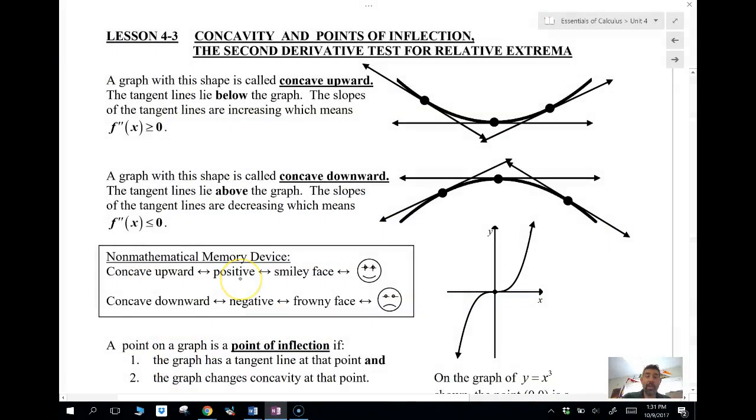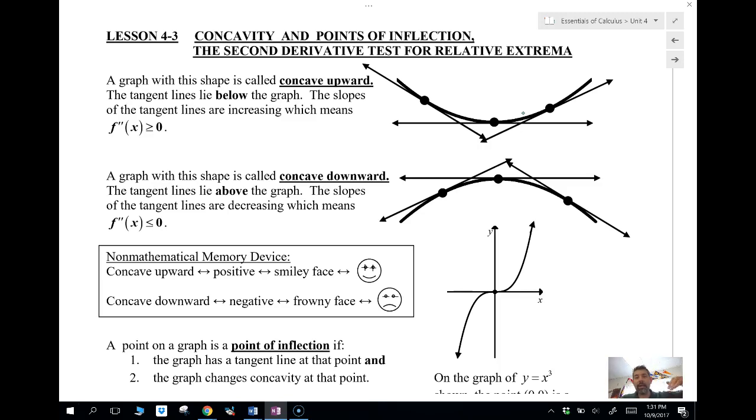So a graph is concave upward. This is concave up. It's concave upward if tangent lines are below the graph. And if tangent lines are below the graph, that would mean that the slope of the tangent lines are increasing.